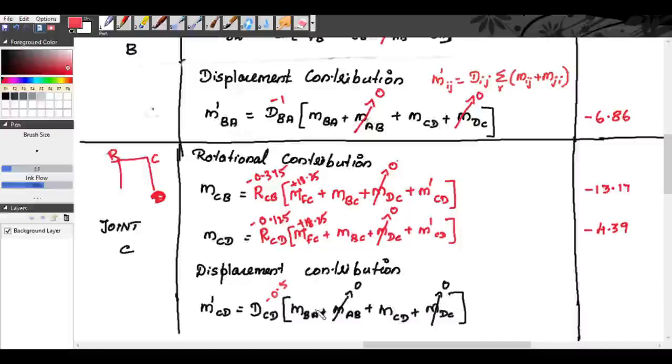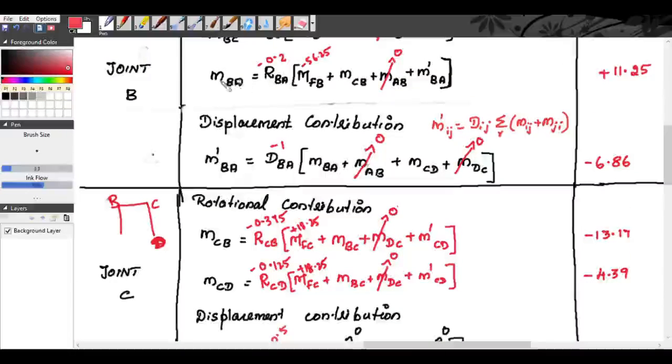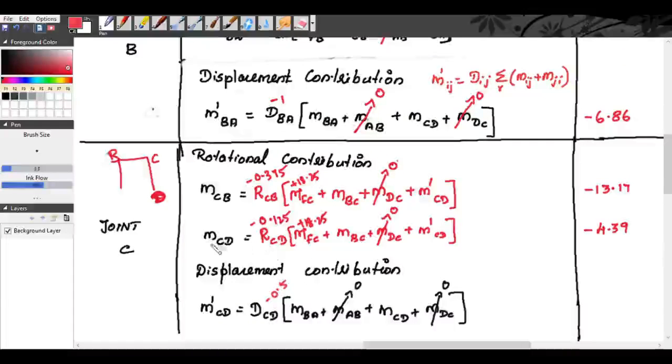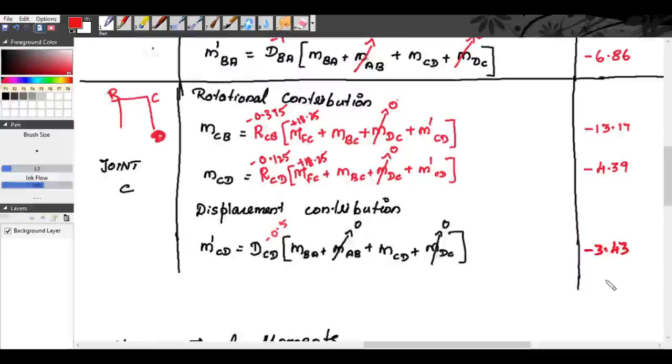MBA, you can take from the first step, MBA first iteration plus 11.25. MCD is minus 4.39. So substitute the values. We get M dash CD is equal to minus 3.43. So first iteration is over.